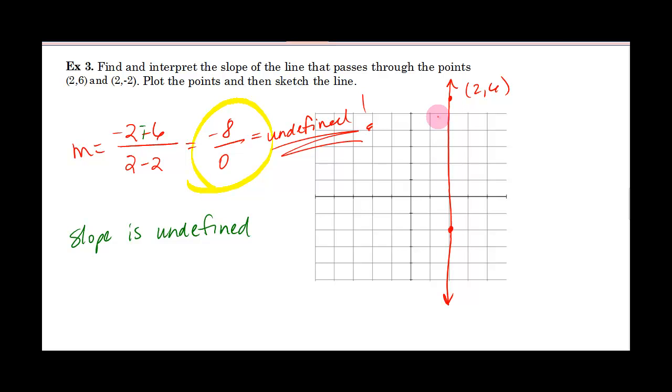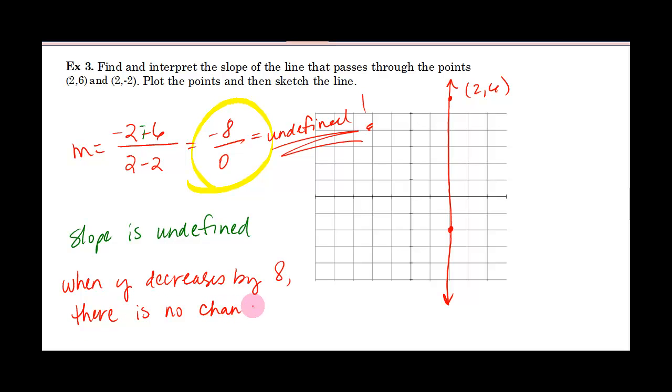And we can interpret this slope to be when y, let's say for this one, when y decreases by, in our case, 8, when y decreases by 8, there is no change in x.